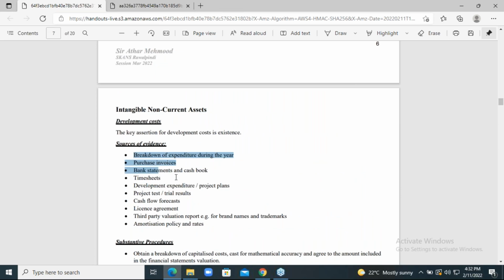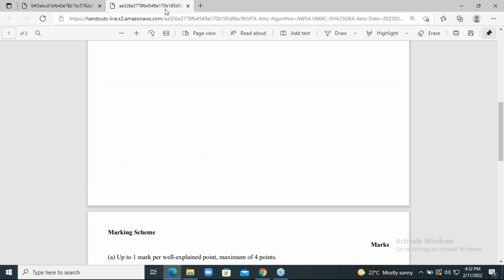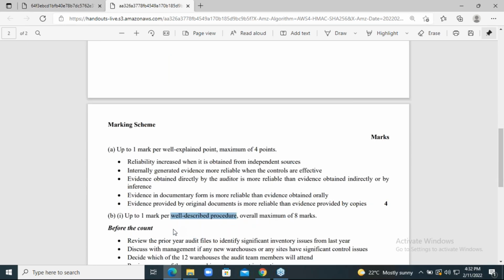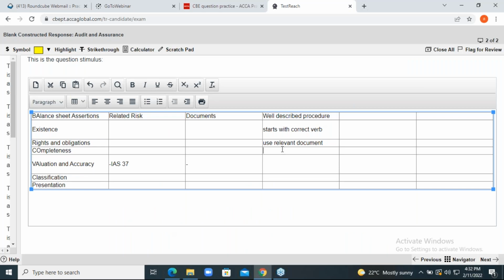For intangible current assets, these are the important areas: project plan is important, bank statement and time sheets are important, purchase invoices are important. These are the documents. So if you want to know how to write a well described procedure, use relevant document.